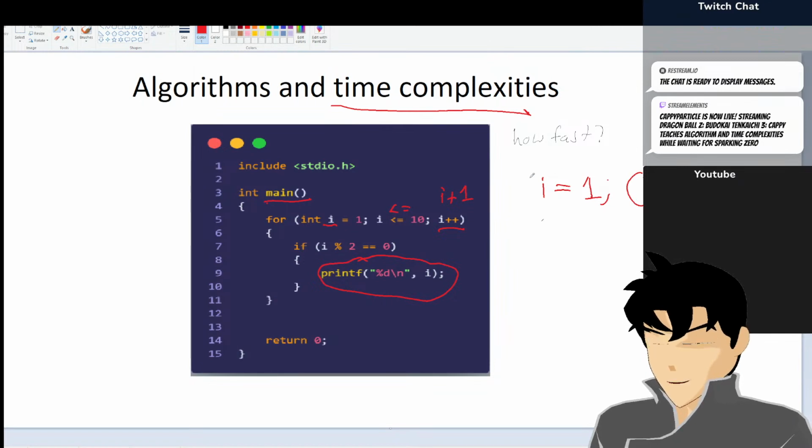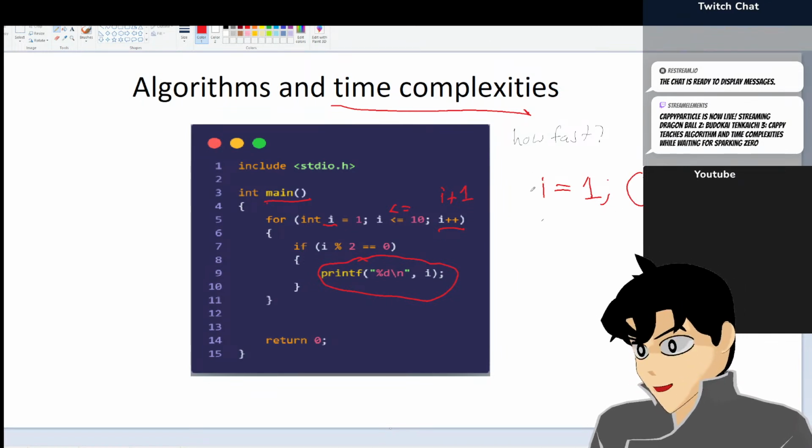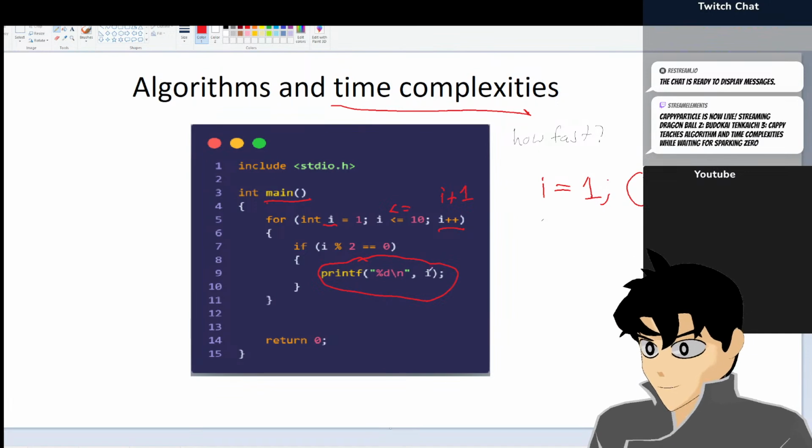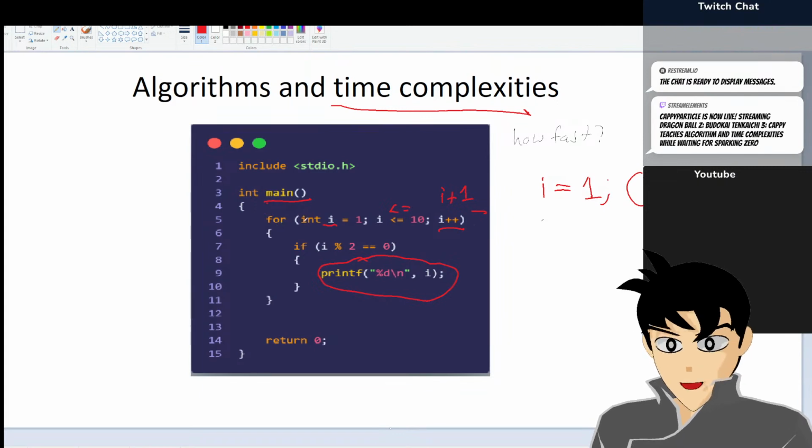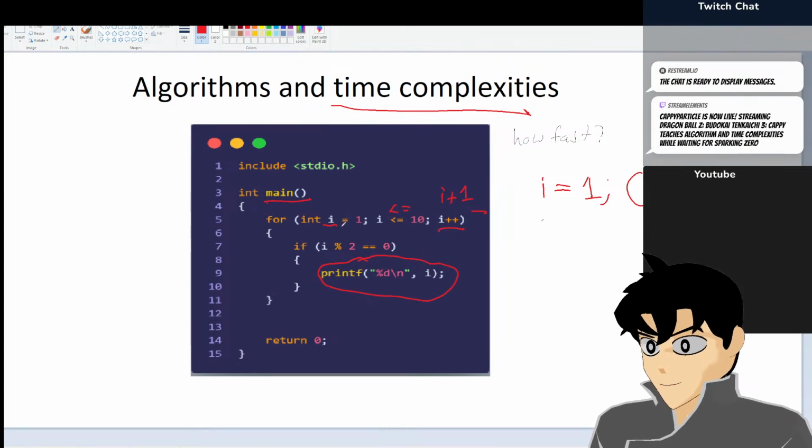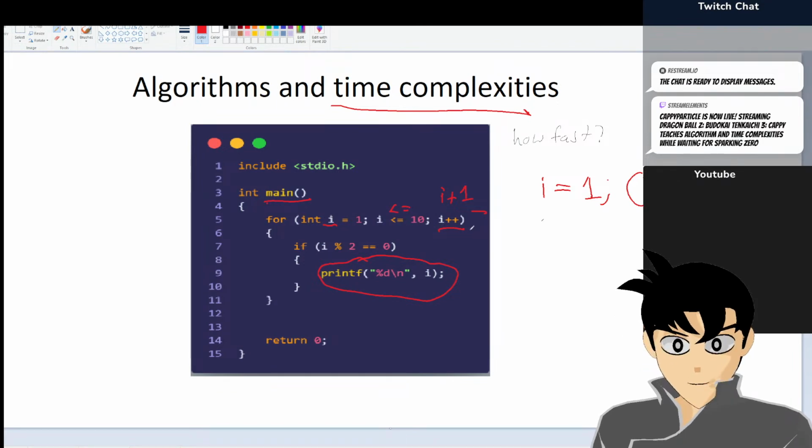Because it's only one operation, and that's it. And then for a for loop, typically you have to look at how it's doing here, and how much it increments, alright?